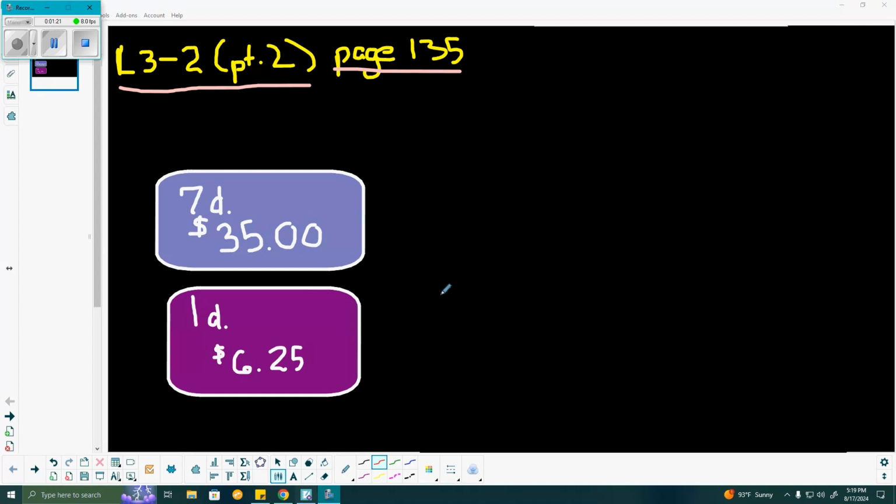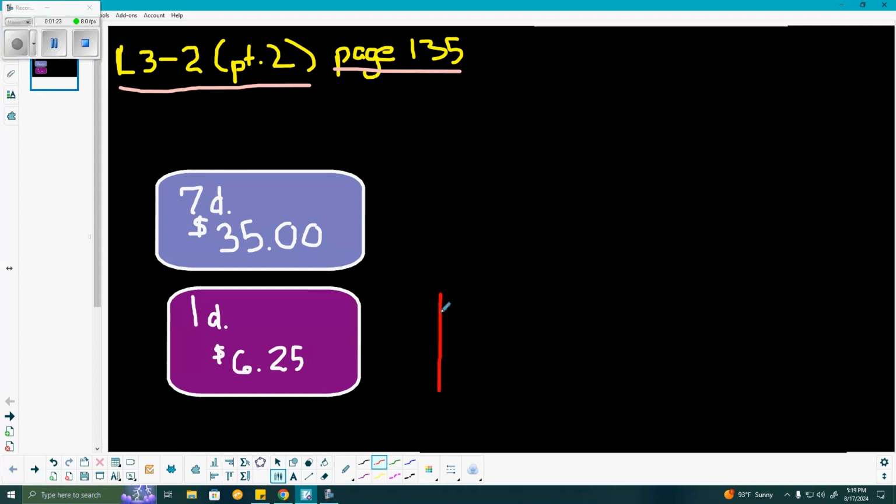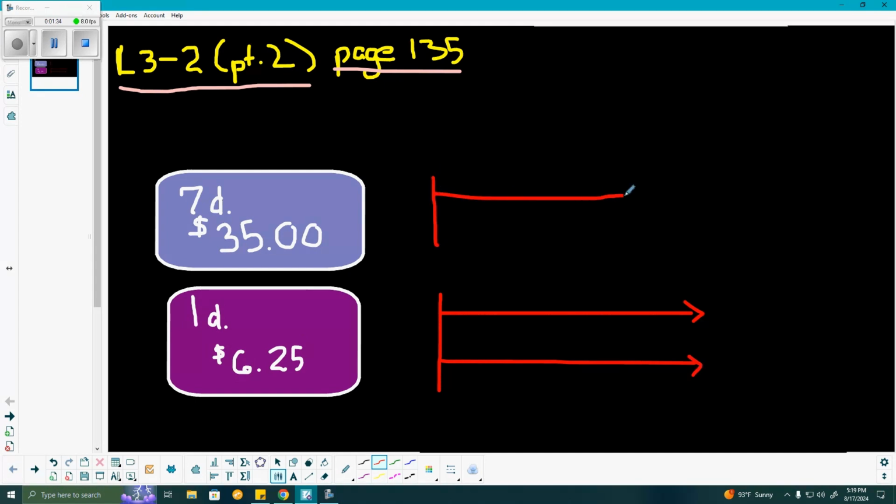In order to determine which pass offers the greatest discount per day, let's do a double number line. If you have some paper out, let's do some blank number lines.